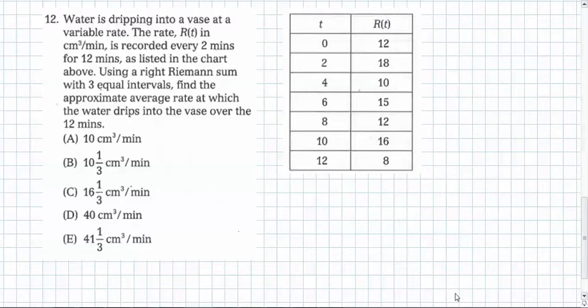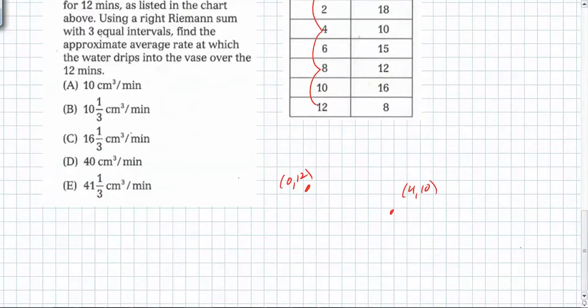Okay. So you have the rate at which it's happening, right? So what you're going to need to do is, it says, using 3 equal intervals, you're going from 0 to 12, right? So what are your intervals going to be? 0 to 4, 4 to 8, and 8 to 12. So at 0, you're at 0, 12, right? And then at 4, where are you? 4, 10.